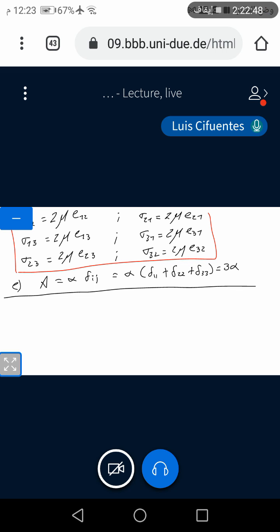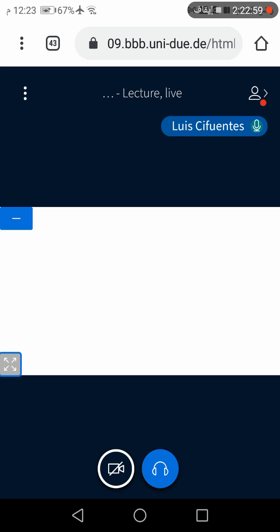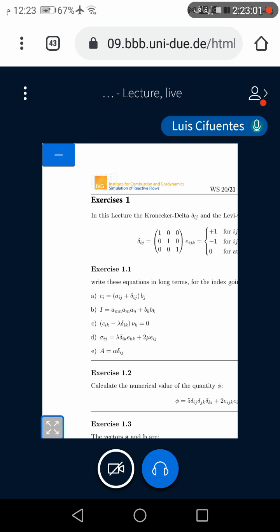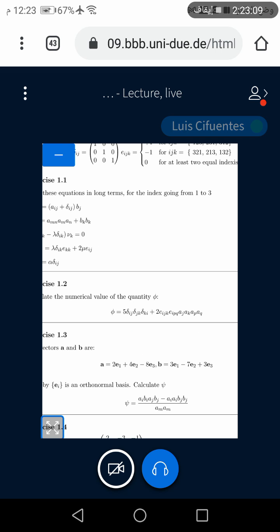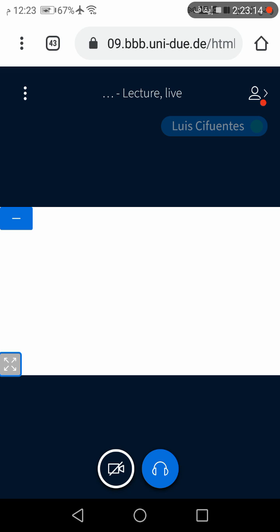Okay, exercise 1.2. Calculate the numerical value of the quantity phi with this expression.